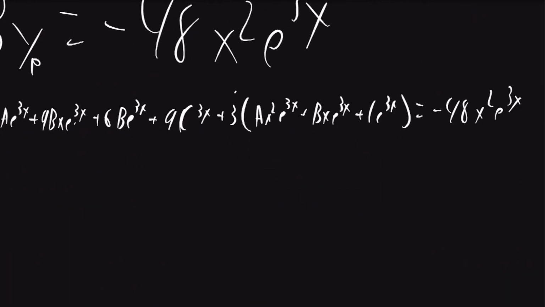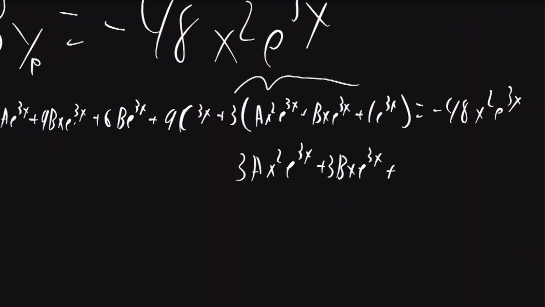I can distribute this 3 into all those terms. We'll have 3ax squared e to the 3x plus 3bx e to the 3x plus 3c e to the 3x.